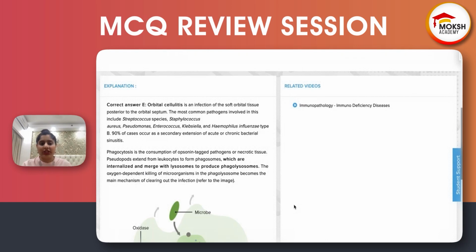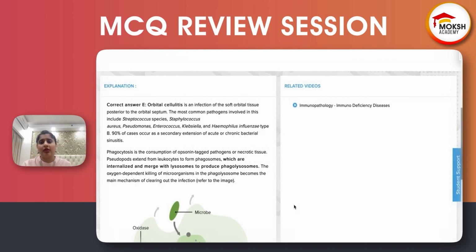Most common pathogens are Streptococcus and Staph aureus, Pseudomonas, Enterobacter, Klebsiella, Haemophilus. They're always the secondary organisms, but remember it's Staph and Strep which are the most common organisms causing orbital cellulitis. 90% of cases occur as a secondary extension, because directly infecting the eye is not very common unless you have an obvious injury, like a foreign body going into your eyes, a piercing or penetration injury, or a blunt trauma, because of the collection of blood, which becomes a nidus for an infection.